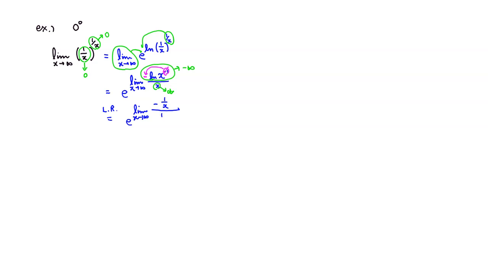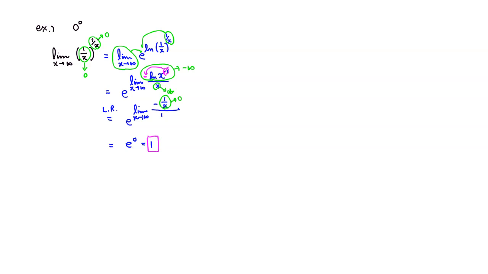You can see that 1 over infinity is 0, so this approaches 0. So you end up getting e to the 0, which is 1. So the limit of the original expression, 1 over x to the 1 over x, is equal to 1.